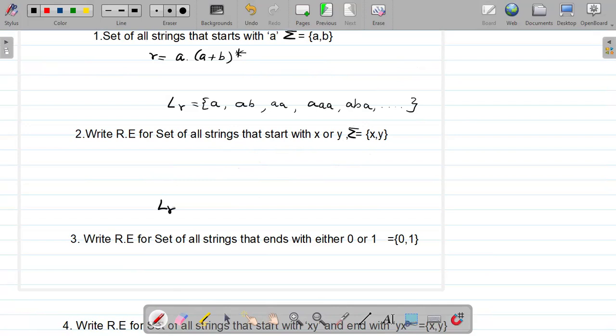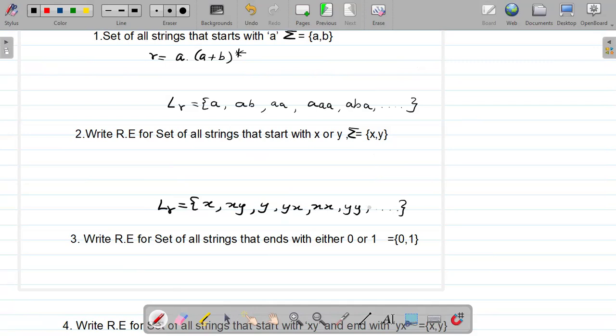So this we are writing for our reference so that we can check. Starting with X, it can be single X also, we can have XY also, or starting with Y, we can have single Y followed by YX. We can also have XX, we can also have YY. So many combinations are possible.